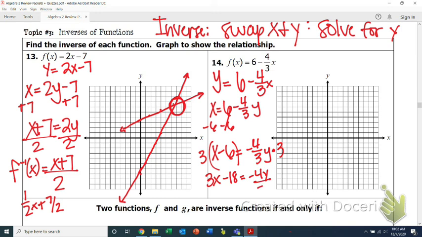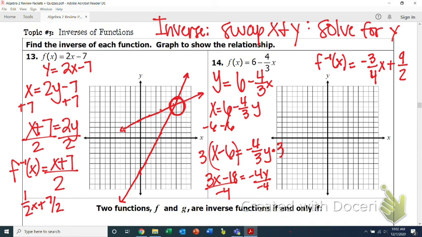Divide both sides by negative 4, and we get the inverse is negative 3 over 4x plus, if we simplify 18 over 4, that's 9 over 2. Okay, graph those, you'll see it.